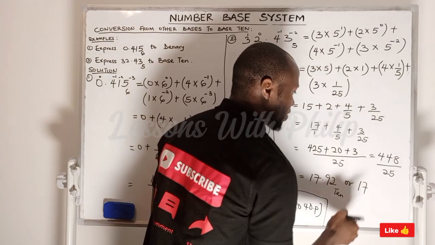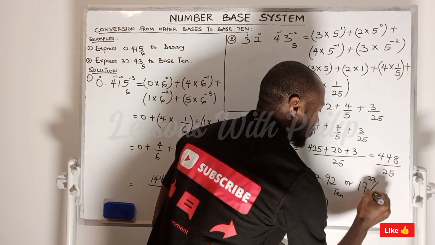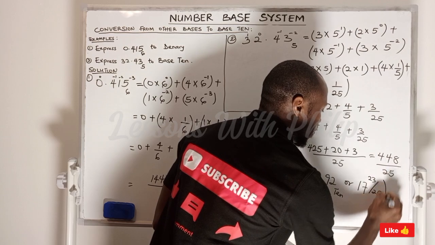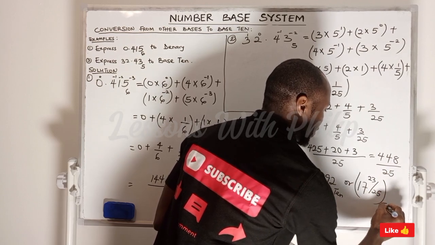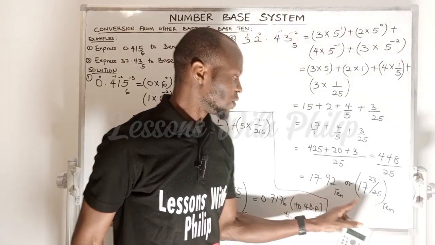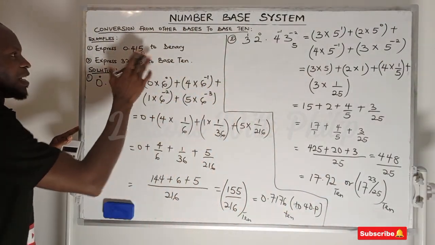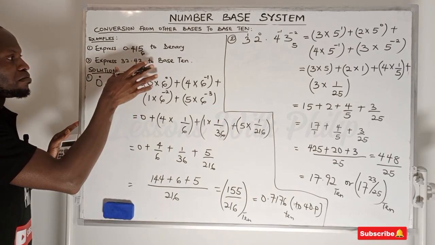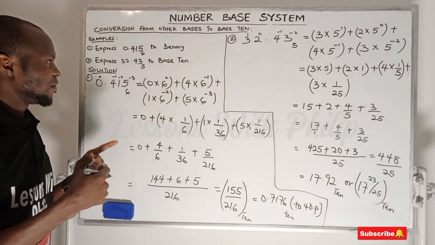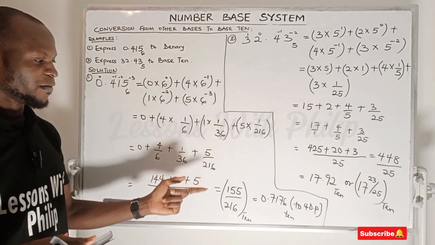Automatically, we have 17 whole number 23 over 25 base 10. I'll leave it in decimal or I'll leave it in fraction. So this is how to convert decimal digits to base 10. If you want to convert decimal digits to base 10, this is how to convert them.